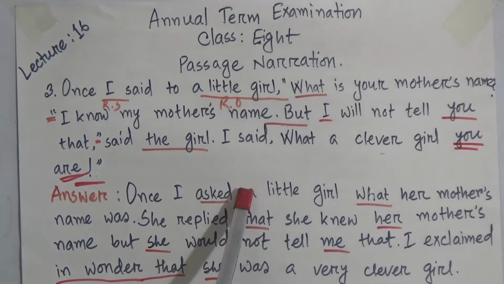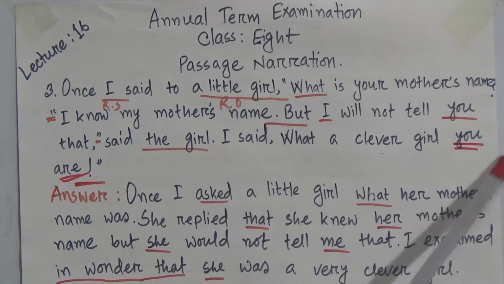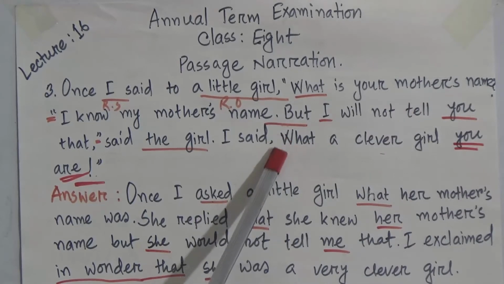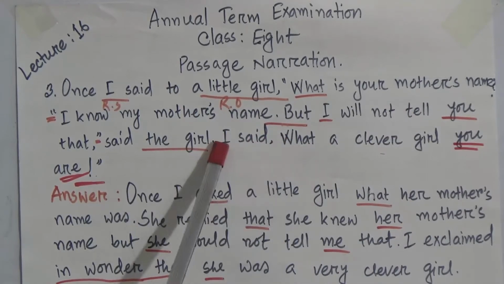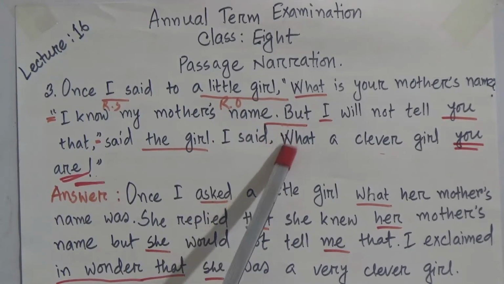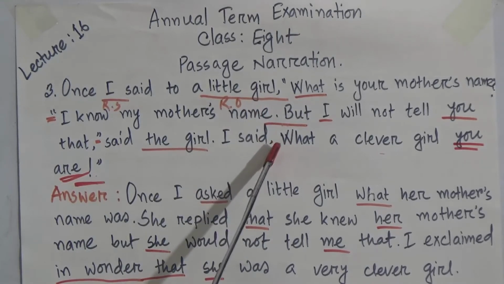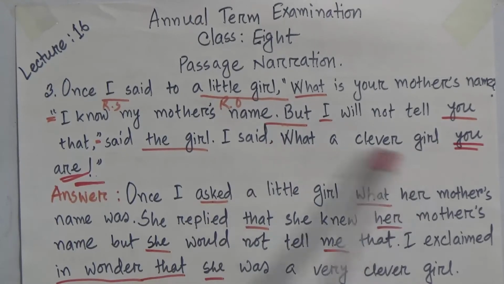So you have to identify to whom I said it. So you would be converted according to the object. The object was the little girl, which is not written here. So the little girl will be converted into she. Its pronoun is she. So the subjective form of she is she. She was a very clever girl.